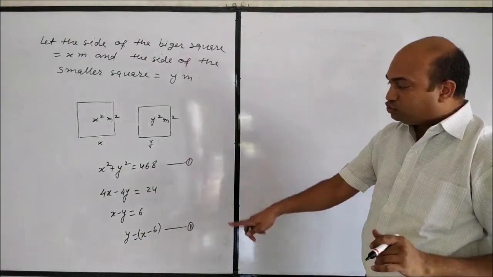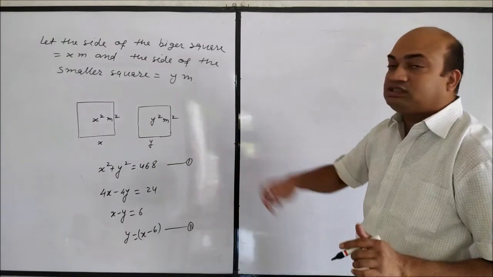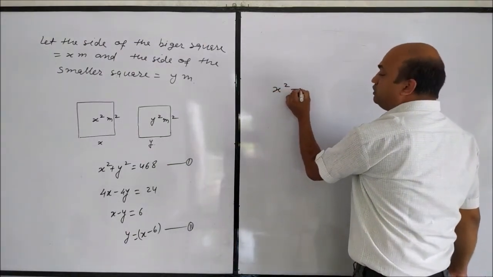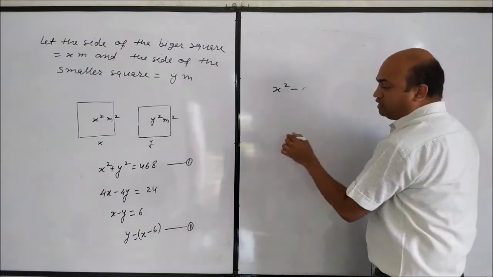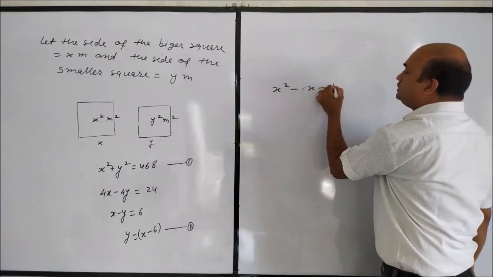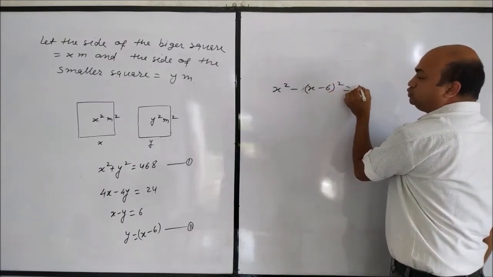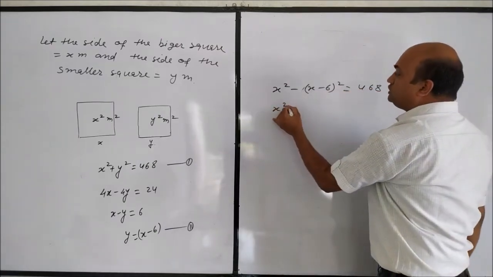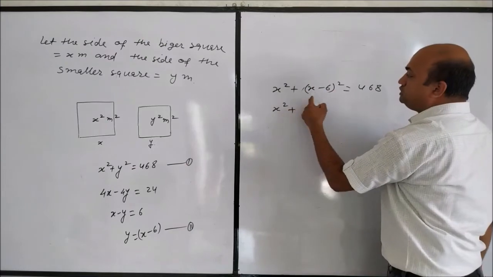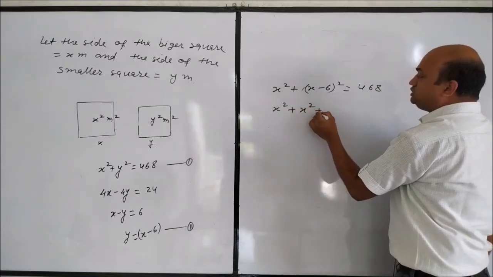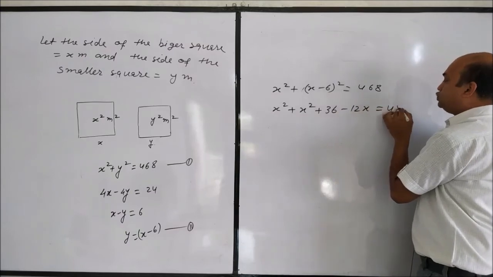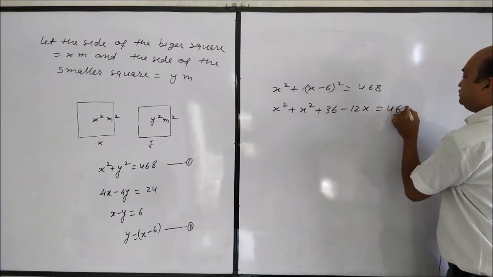From equation 2, the value of y, x minus 6, we put in 1. In 1, x square plus y square, y we can put as x minus 6 square is equal to 468 we get. Now it is x square plus x square plus 36 minus 12x is equal to 468.